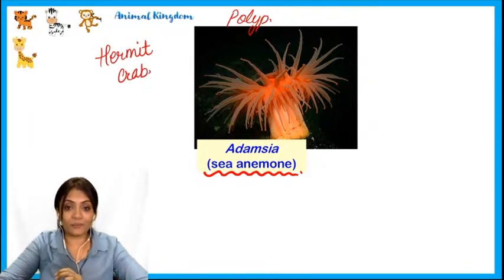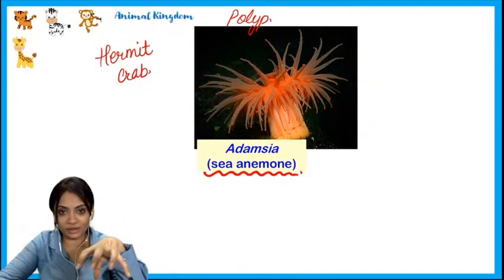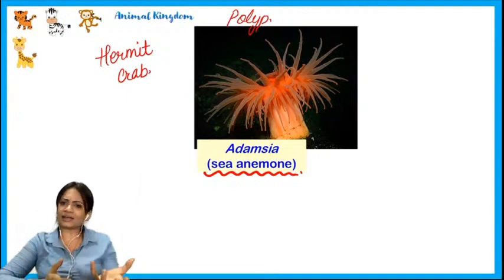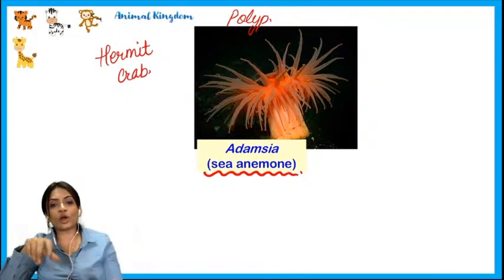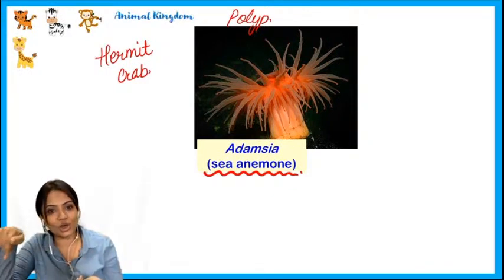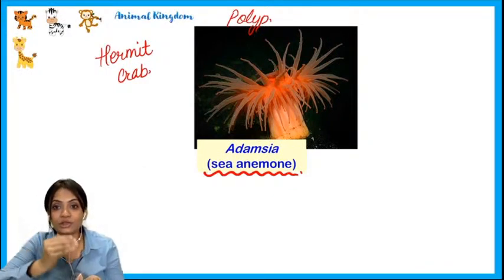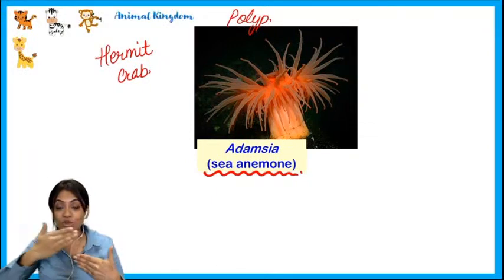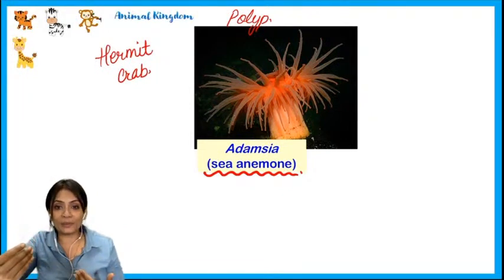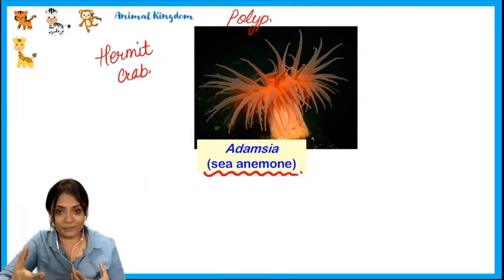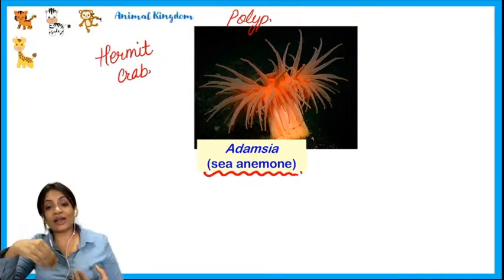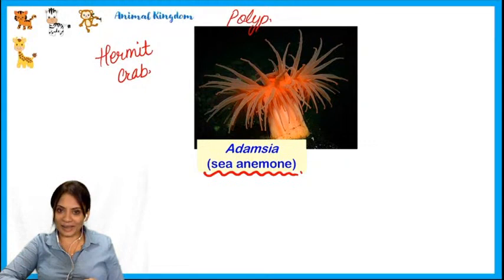This Adamsia will go and sit on the body of that hermit crab, and then the crab will move, or rather, as the crab would naturally do, it would keep crawling from one place to another. But then what has happened? While the crab is crawling, this Adamsia is able to relocate itself from one place to a totally new place. Wherever it sees that in that new place it is finding food, immediately that Adamsia will make a small effort and try to fall off that hermit crab.